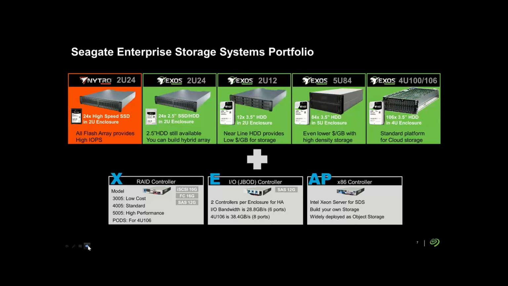So when we look at the flavors, we have RAID controller based products, which is a SAN storage, a block storage, with Exos X. We have an Exos E, which is a JBOD, with our IO module, which becomes a JBOD, and we have an AP, right? I'm also looking at software-defined storage, like Ceph, or an object-based storage solution, with management on top of it to manage the storage, right?